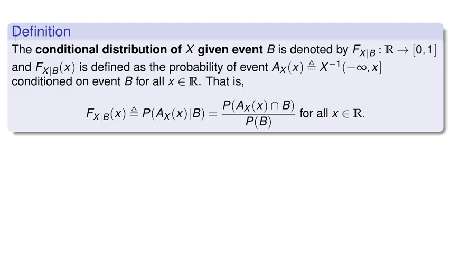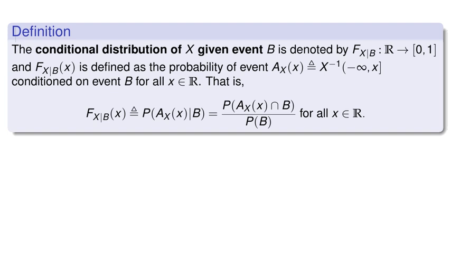We can now define the conditional distribution. The conditional distribution of x given the event b is denoted by f sub x given b mapping reals to 0, 1. F sub x given b evaluated at x is defined as the probability of the event a sub x of x conditioned on b for all real x.